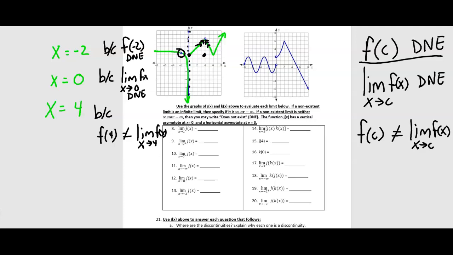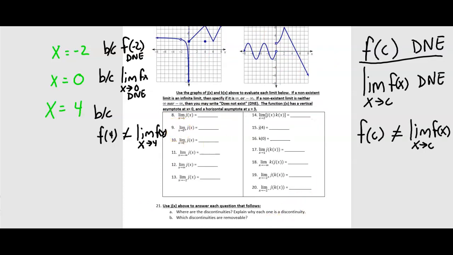Now, number 21, part B, which you can't see yet, so give me a second. I'm going to clean up my graph real quick. Number 21, part B, asked a more specific question. Part A was, what are the discontinuities and where are they? Part B is, which of these discontinuities are removable?